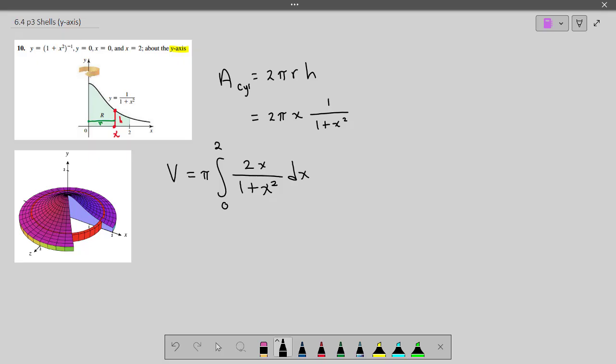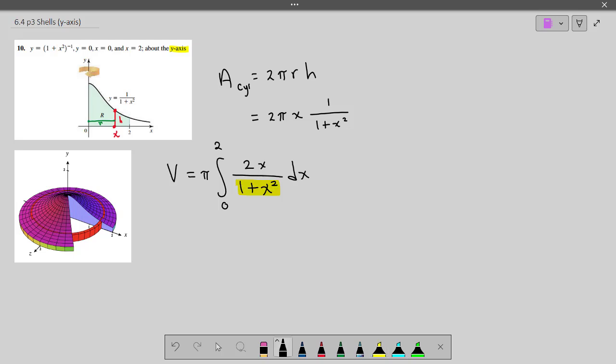What do you think you would use for your substitution here if you were using substitution? X squared. A little more than just x squared. 1 plus x squared. Yeah. So we usually want to let u be what's in the exponent, what's in the square root, or in this case, what's in the denominator, the full denominator. So that would be our u.